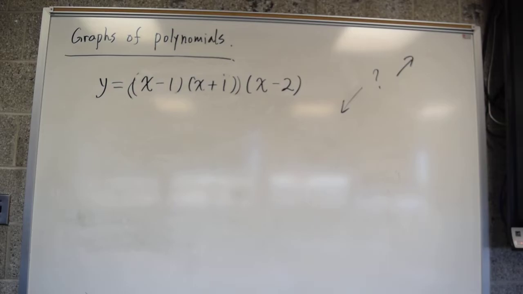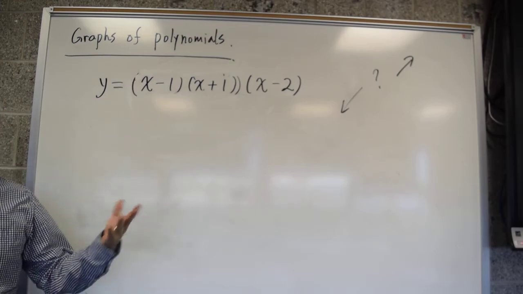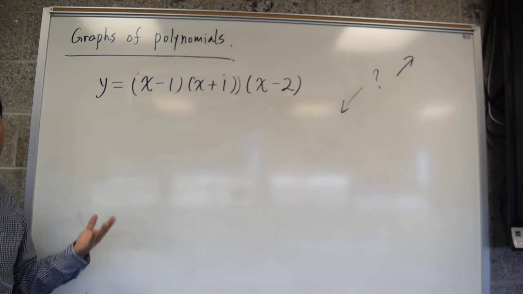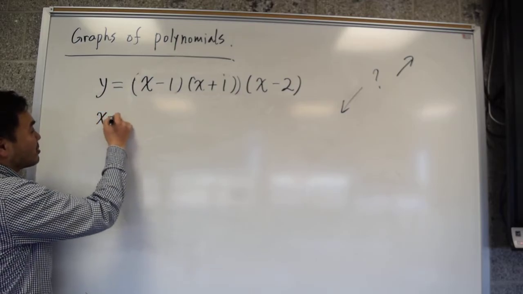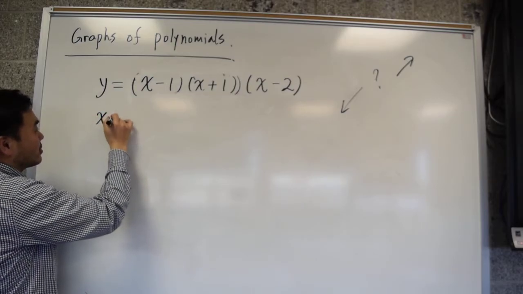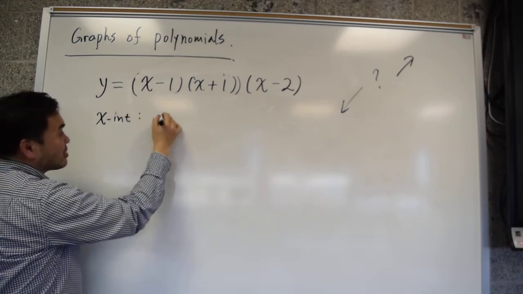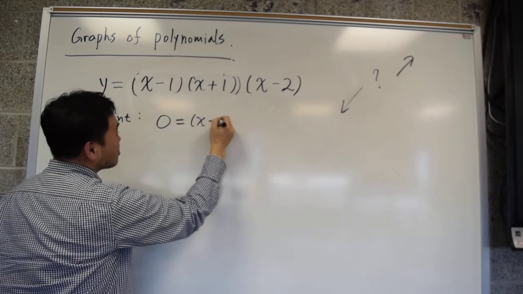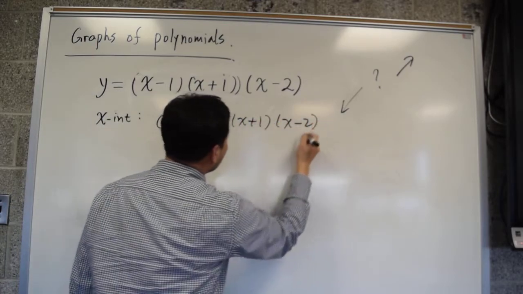Okay. So now the next thing I want to do is to find the intercepts, because often intercepts help us to identify what's happening, right? So what is the x-intercept? That's when y is equal to 0, right? So we set y as 0. You have x minus 1, x plus 1, x minus 2.